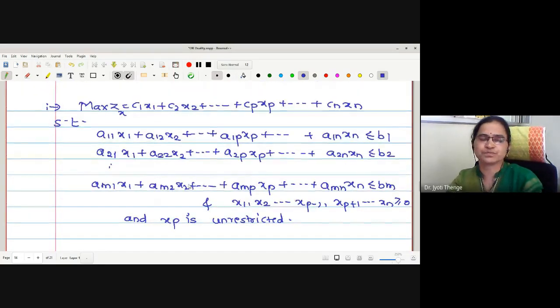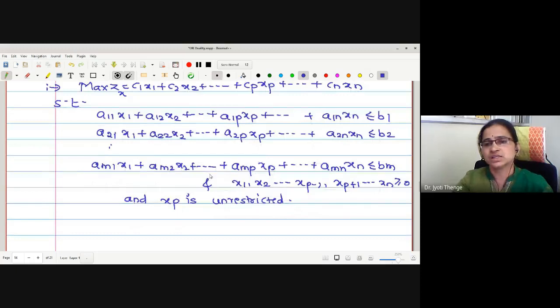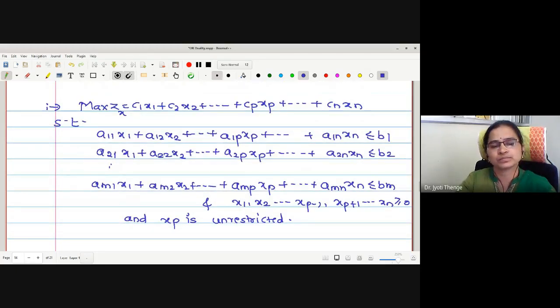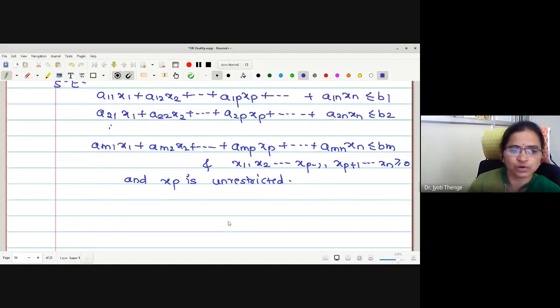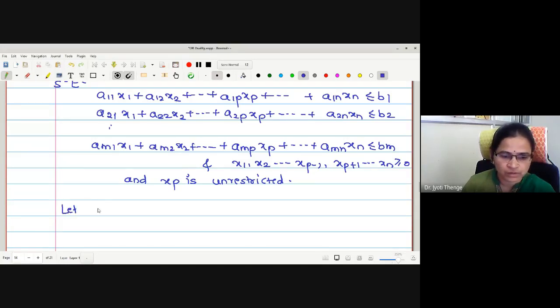Now is this primal whatever we have written the standard primal form? No, it's not, because we don't have all the variables to be non-negative. This one variable is unrestricted. Now what we will do? We will replace this unrestricted variable with the difference of two non-negative variables.